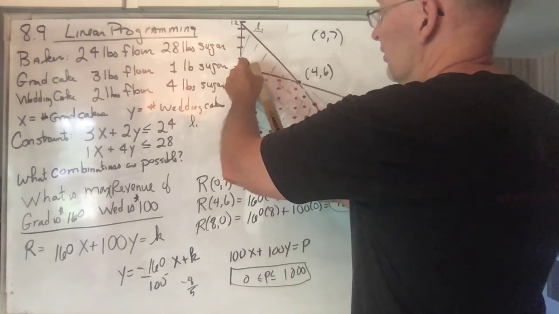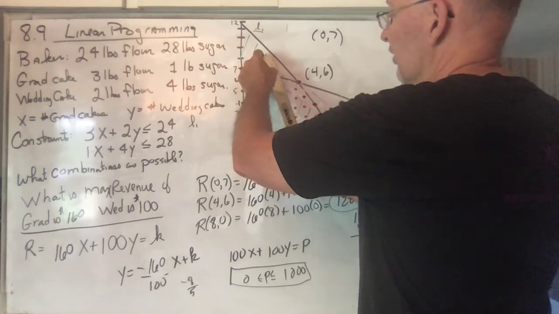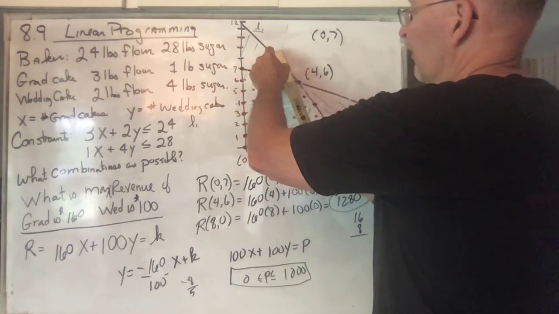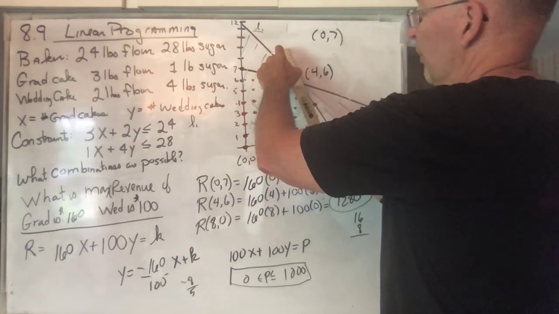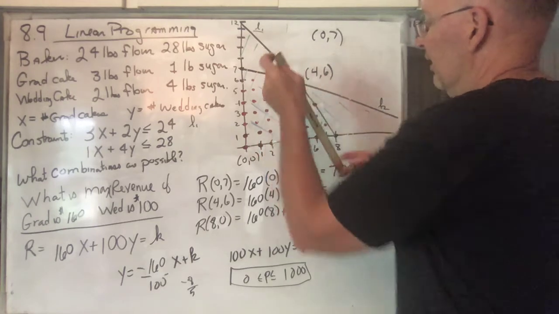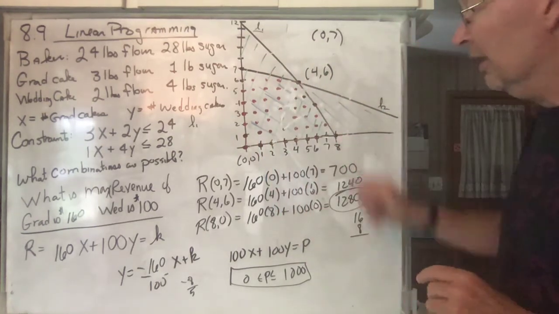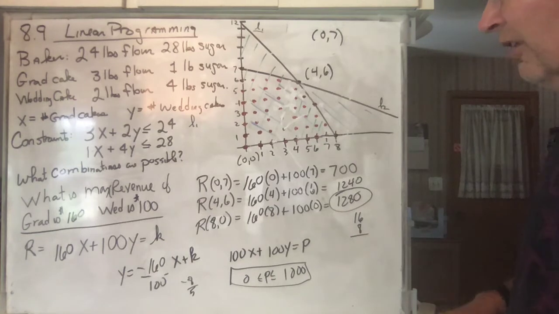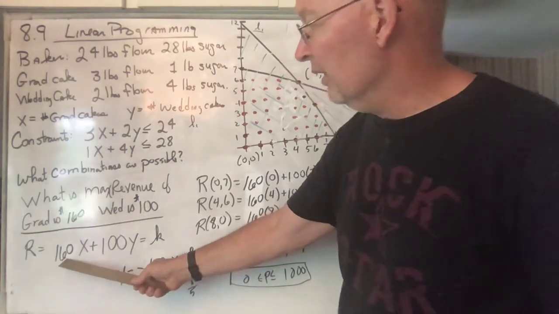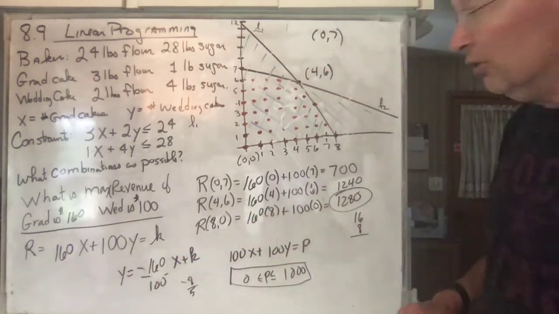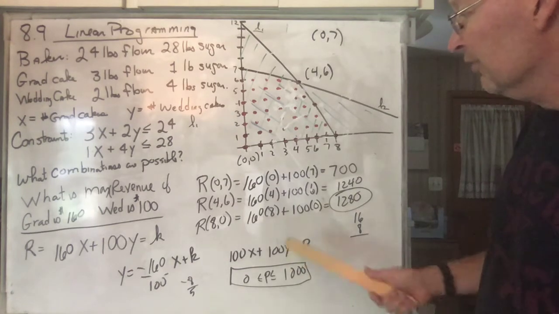Let me do it again just to make sure. So here the slope isn't changing. I'm just going farther and farther away from the origin. And see this? I leave this point behind, and the last point that I leave is this one right here. So it looks like if you charge 160 for the graduation cakes, that should be the maximum. So let's check it out.